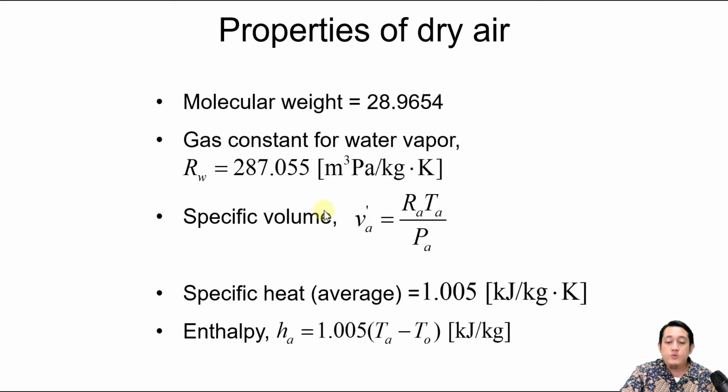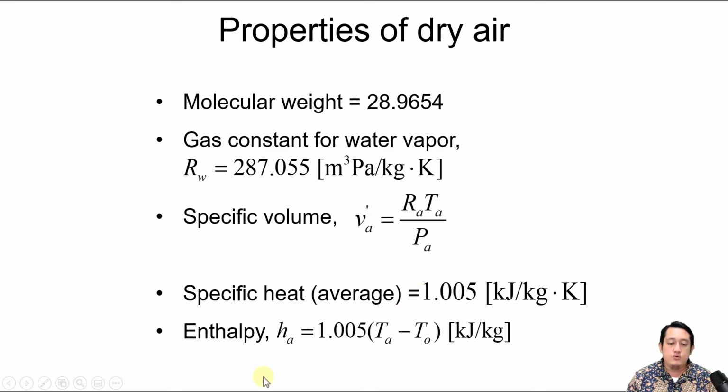So these are the properties of dry air. It has a molecular weight of 28.9654 and the gas constant R here is 287.055. The specific volume can be calculated using the ideal gas equation. The specific heat of dry air, the average, is 1.005. Why do we say average? Because the specific heat differs based on the temperature of the air.